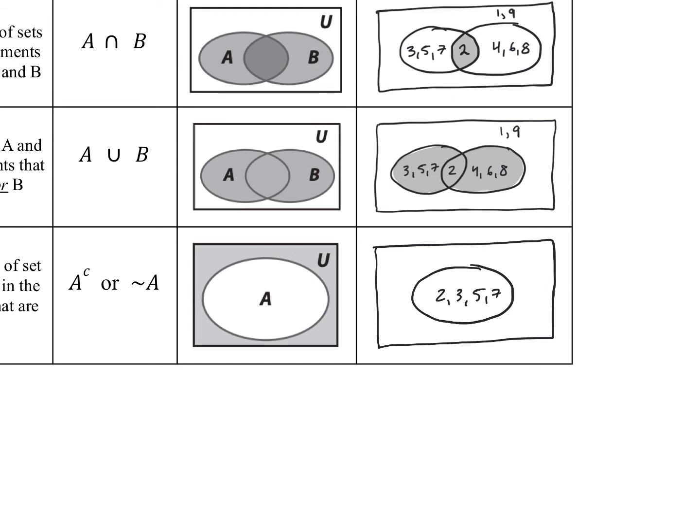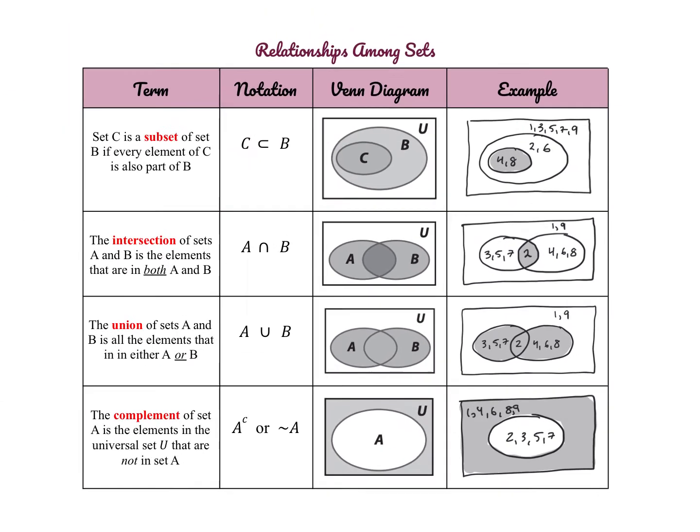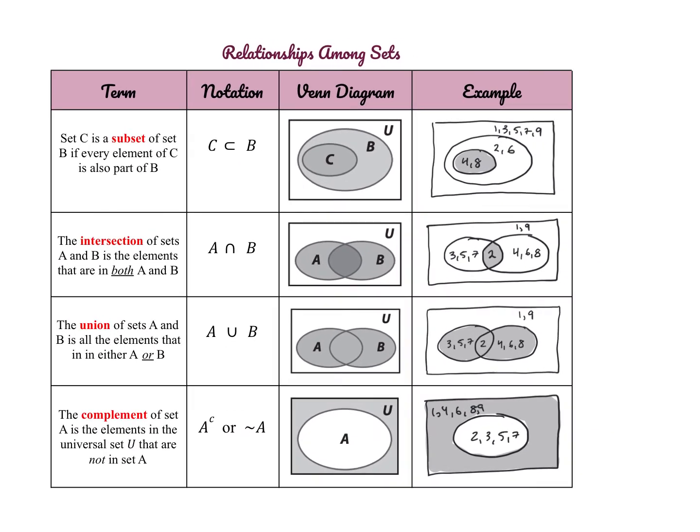So the elements that are not are 1, 4, 6, 8, and 9. And then we can kind of shade that area if it helps to show that the stuff not in set A would be the complement of A. So like this. So those are the 4 main relationships among sets that we will be working with.